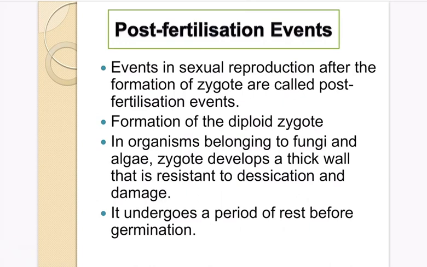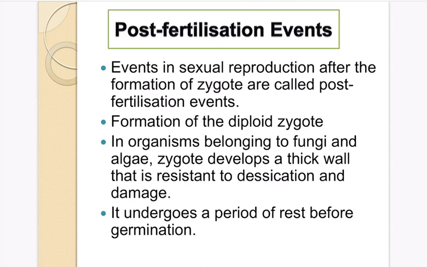And now, once fertilization takes place and it results in the formation of zygote, then zygote will undergo various changes before it becomes an offspring. What are all those changes that take place? They come under post-fertilization events. Basically, we can describe post-fertilization events under two subheadings again. One is the formation of zygote, another one is embryogenesis.